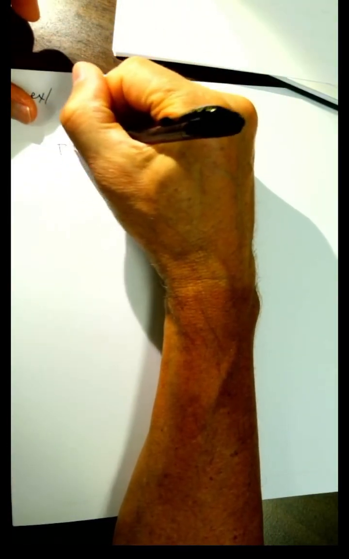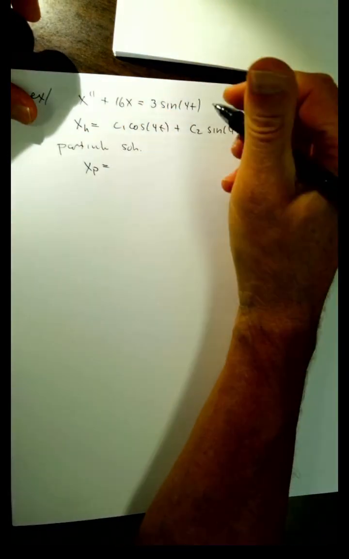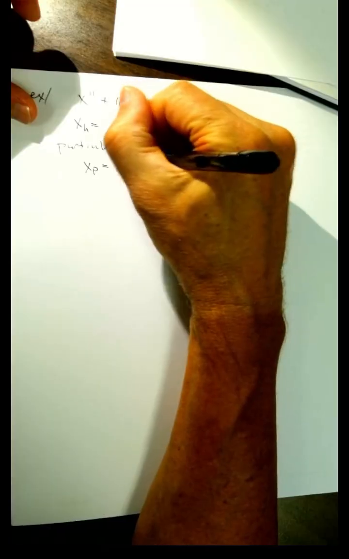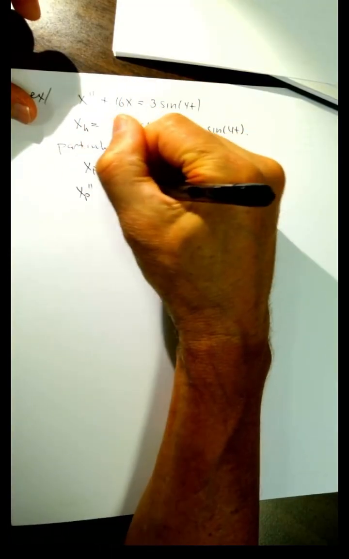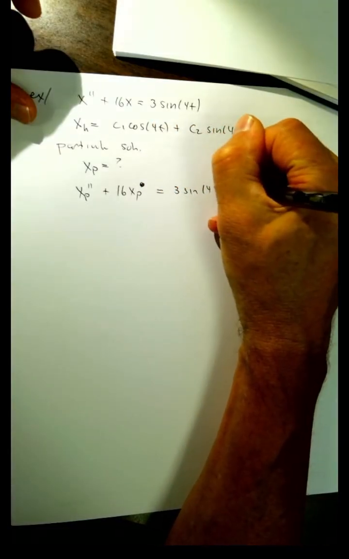For the particular solution, my particular solution is going to satisfy xp double prime plus 16xp is 3 sine of 4t.